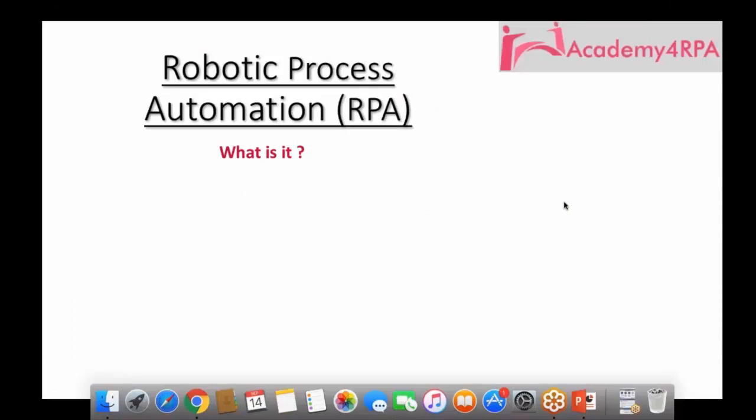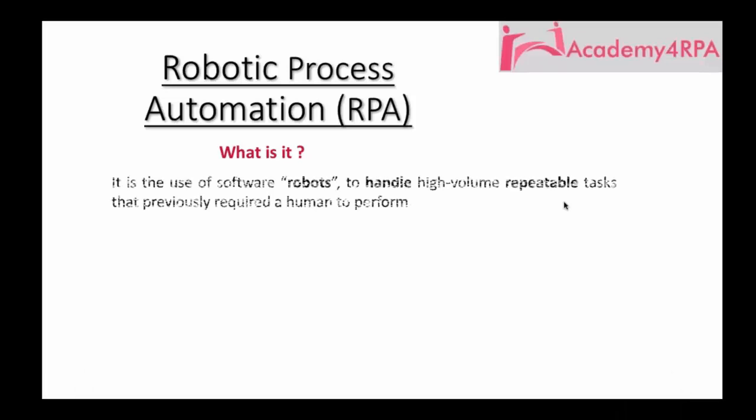RPA stands for Robotic Process Automation. So what is it? Basically, it's the use of software or robots to handle high-volume repeatable tasks that previously required a human to perform.